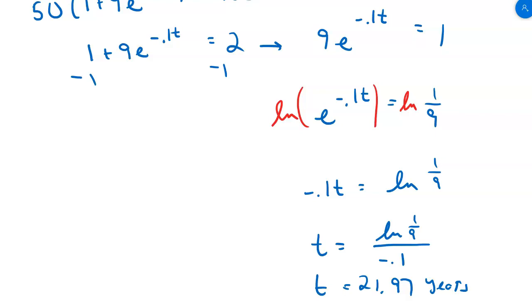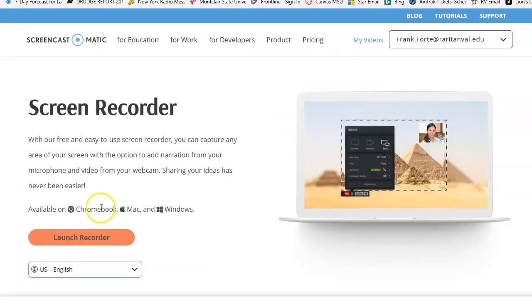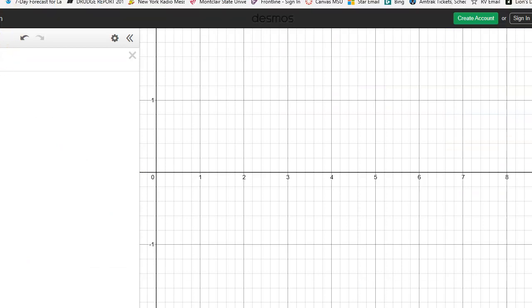Let's graph this and see what happens, because there's actually something interesting that comes off of this. All right, so then I can translate this over to Desmos. Over here, maybe you can't see the end of this, but it is there.